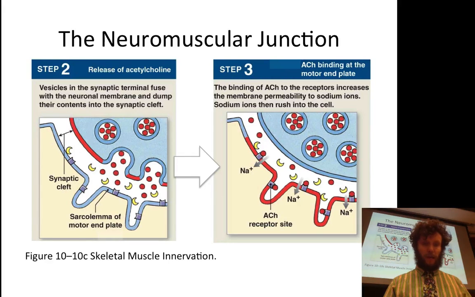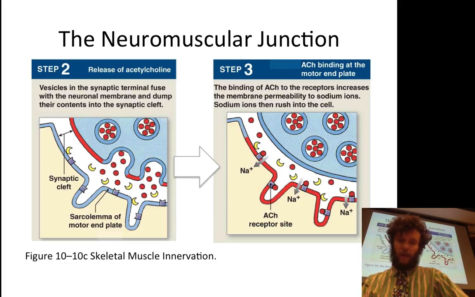This acetylcholine comes into the synaptic cleft and then binds to these chemically gated sodium channels, which are shown in purple. The membrane suddenly allows for a massive influx of sodium ions, which begins to depolarize that postsynaptic membrane. See how that's working there? So the depolarization is indicated in red.